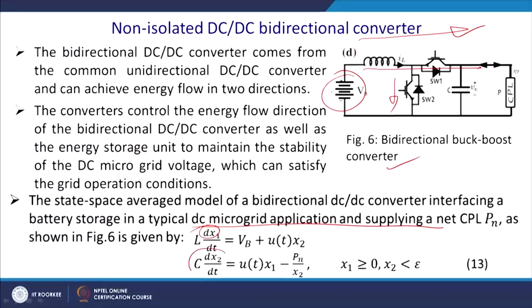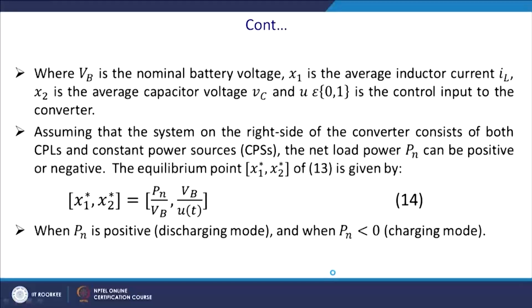Similarly, C dx2/dt equals u(t) times x1 minus Pn by x2. Here Vb is the nominal battery voltage, x1 is the average inductor current IL, x2 is the average capacitor voltage Vc, and u is the control input to the converter.